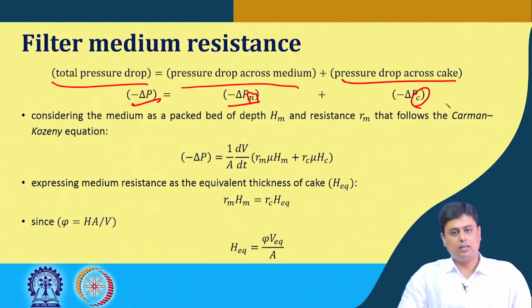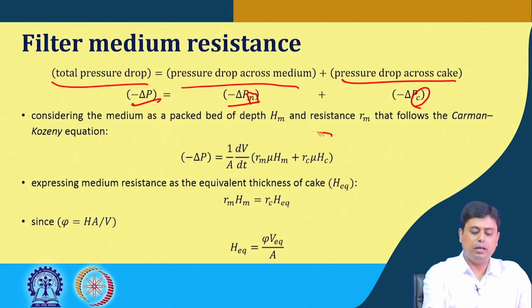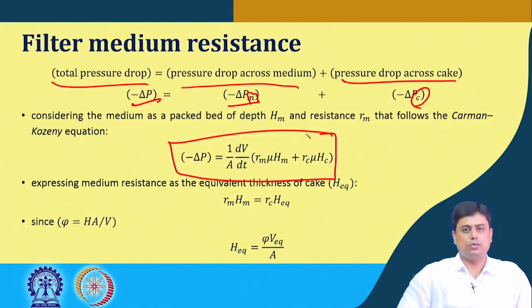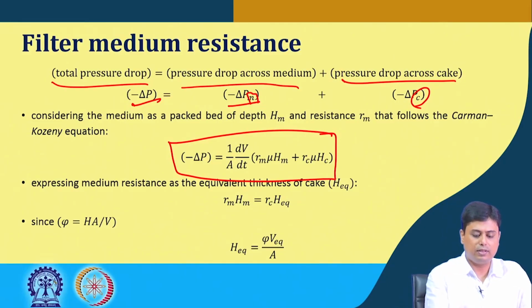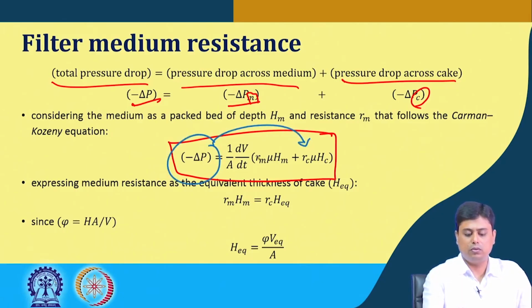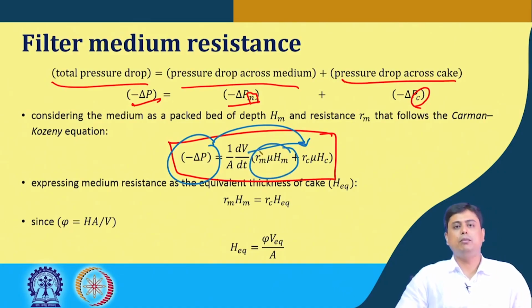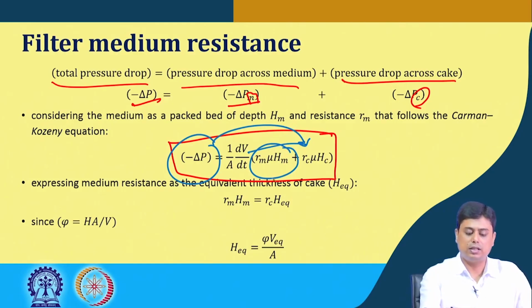If these assumptions are satisfied, then we can write the total del P. In the last couple of slides, we have seen this del P is this value, this plus this. We did not consider this part, the medium part. It was not considered earlier.